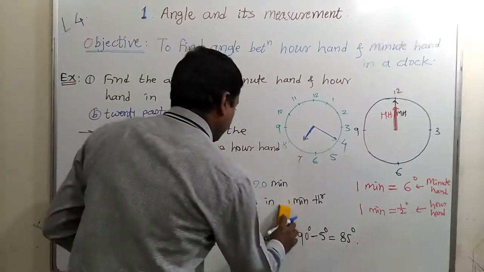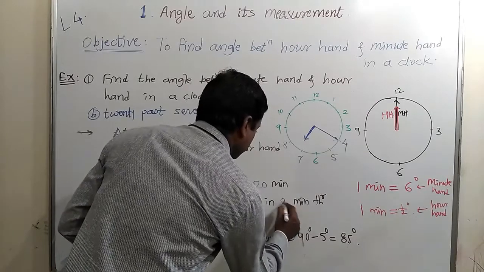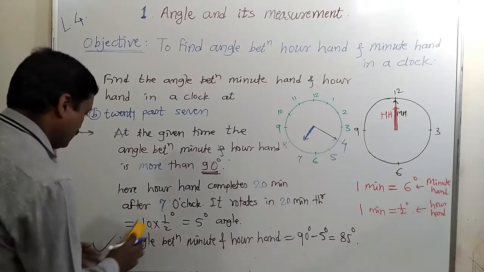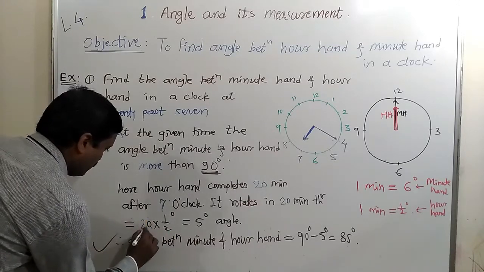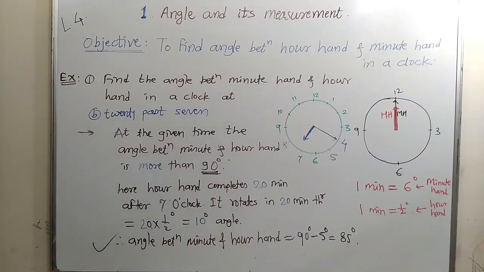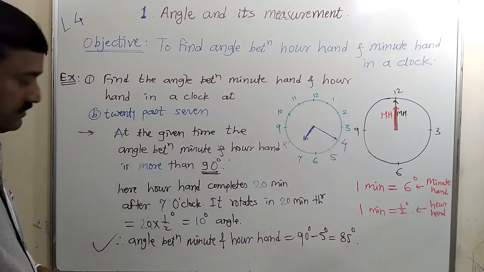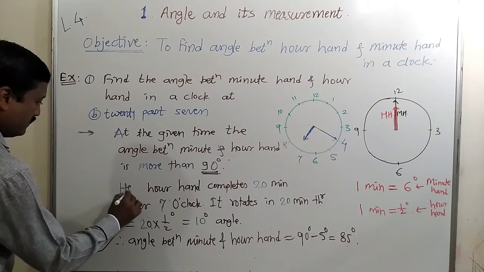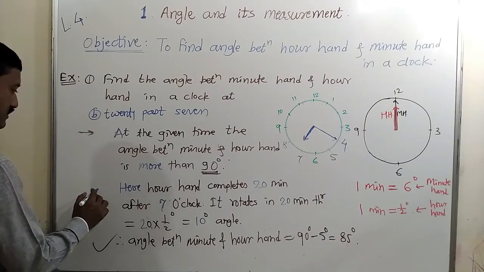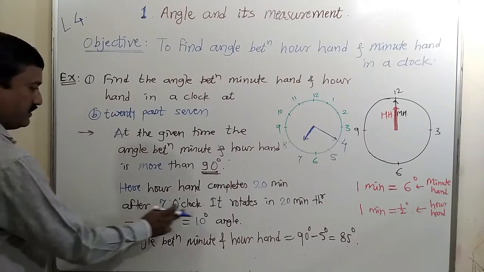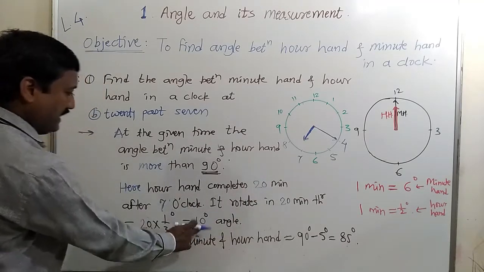It rotates in 20 minutes through 10 degrees, a 10-degree angle. Is it okay? So after 20 minutes it rotates through a 10-degree angle.